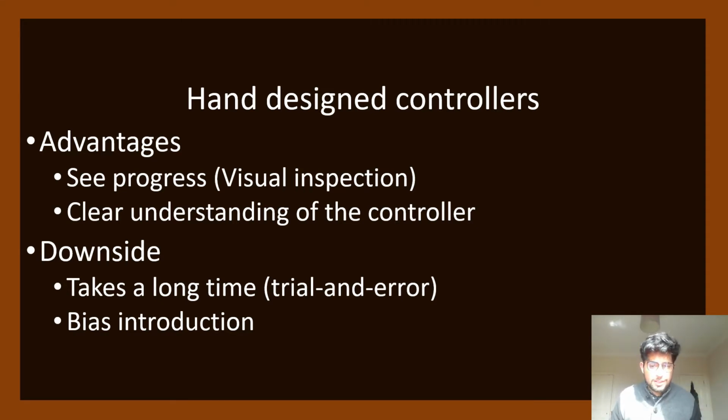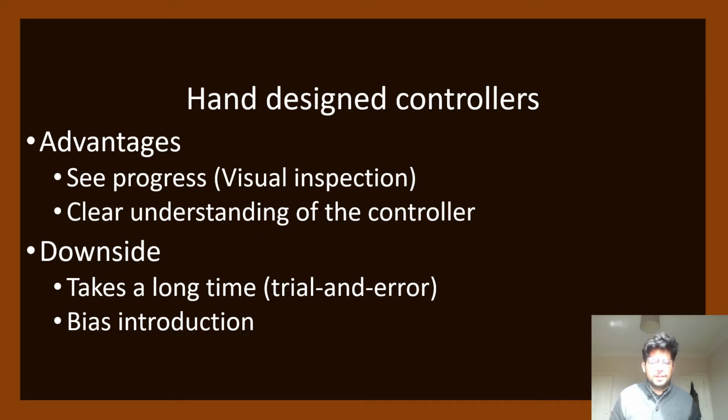If the controller is not perfect, you can make changes and you can track these changes and identify what the problem is. Also, if you see your robot performing, or your group of robots, you clearly understand what's going on because you wrote the code for it and you can identify bugs easily.